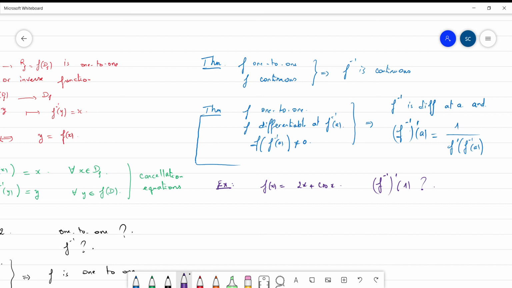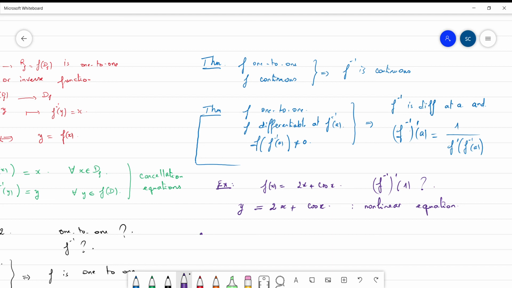If you try to find the formula for the reciprocal f minus 1, we cannot isolate x. You have a nonlinear equation, so it's not feasible to have an explicit formula, but still we will see we can compute the derivative at a particular value.